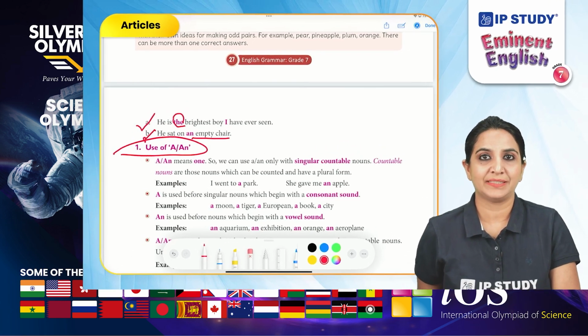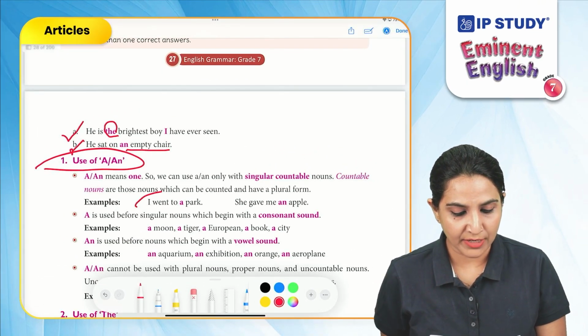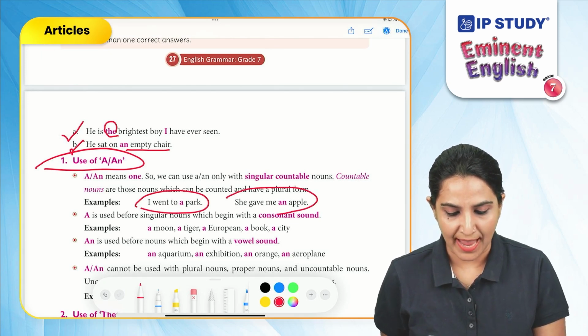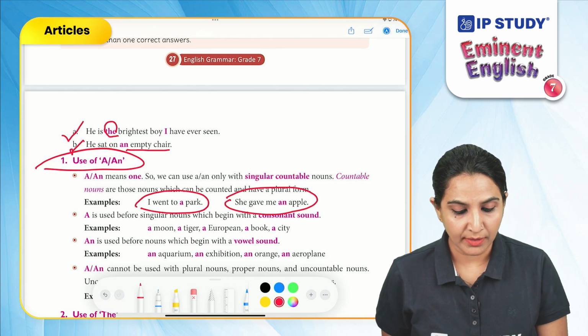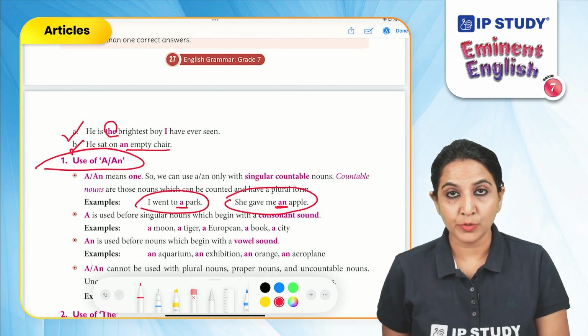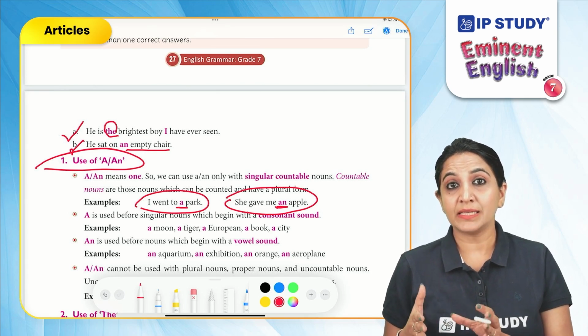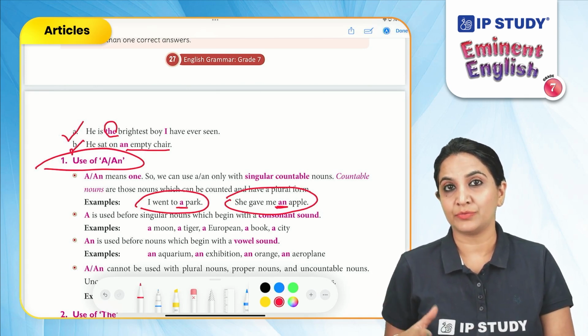Let's see some examples. I went to a park. She gave me an apple. Here, article a and an are used just before the nouns, but these nouns are singular nouns. A park, an apple.